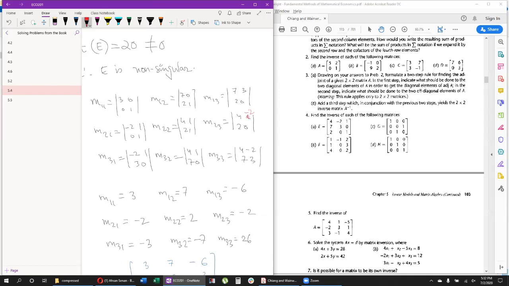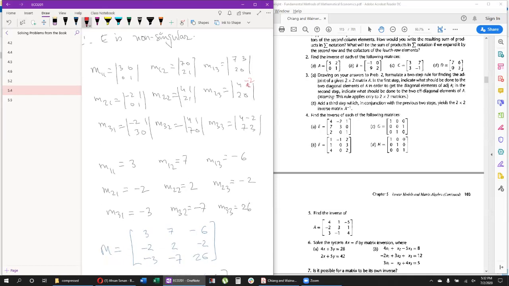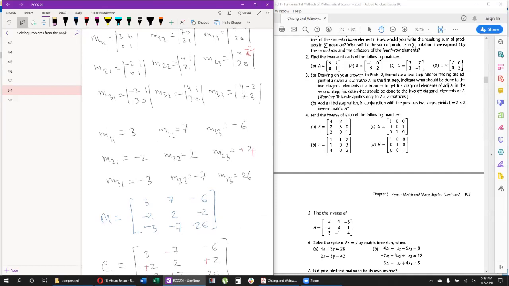So as a result, it becomes 4 minus 4. So it's 0 minus minus, actually plus 4. So into 3, I'm going to get rid of this here. This is going to be 4.